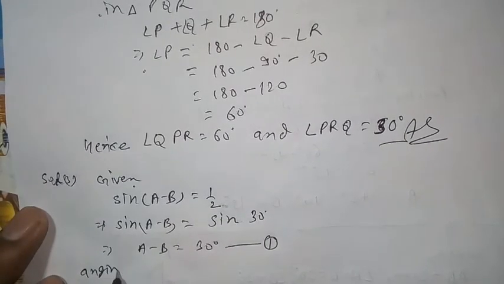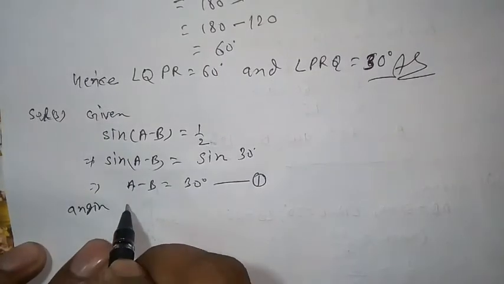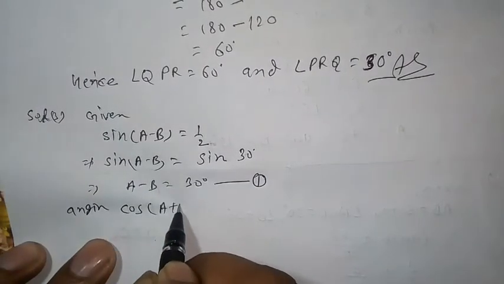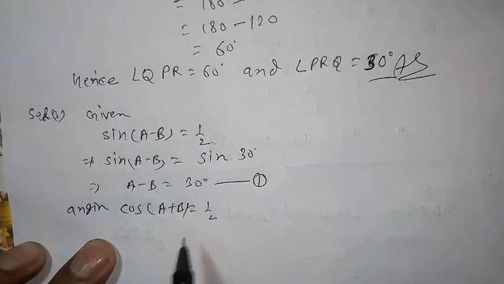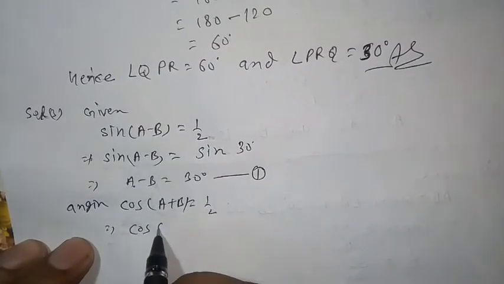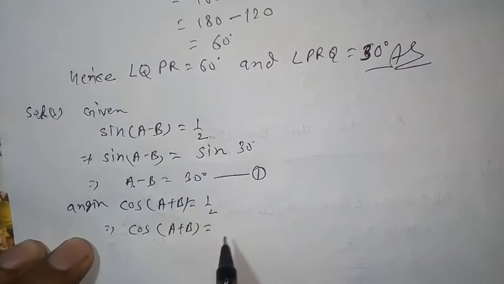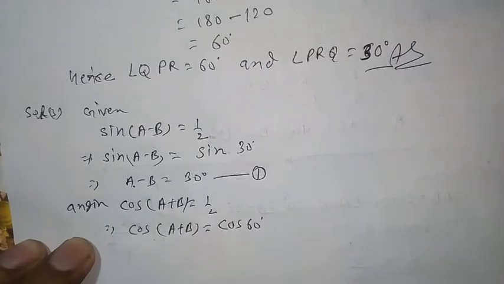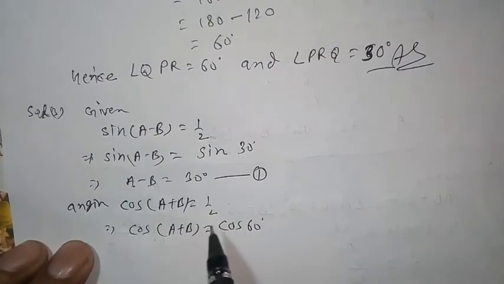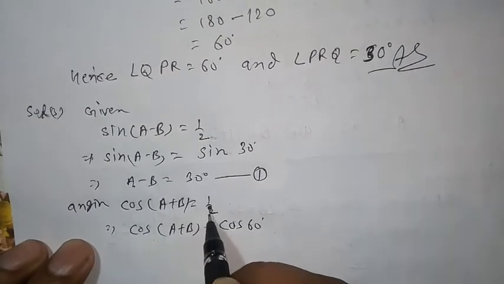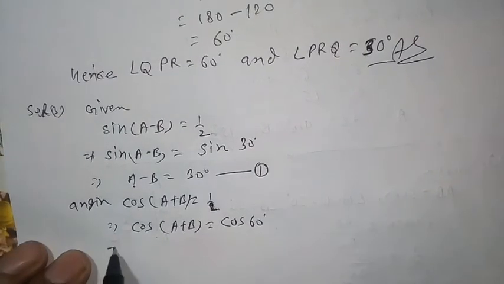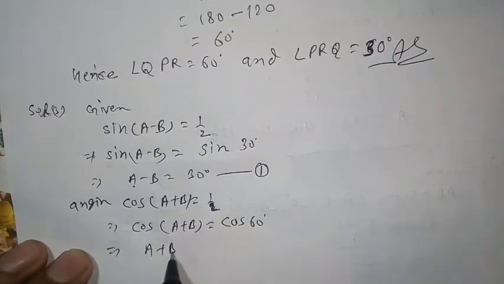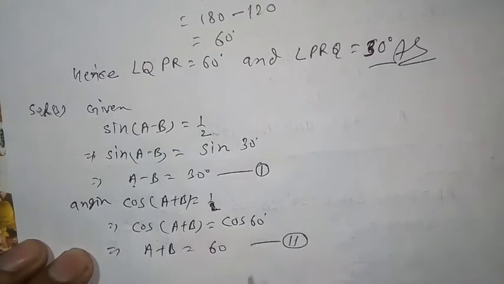Again, cos(A + B) = 1/2, implies cos(A + B) = cos 60 degree. The value of 1/2 in cos 60 degree is equal to 1/2, implies A + B = 60 degree. Equation 2.